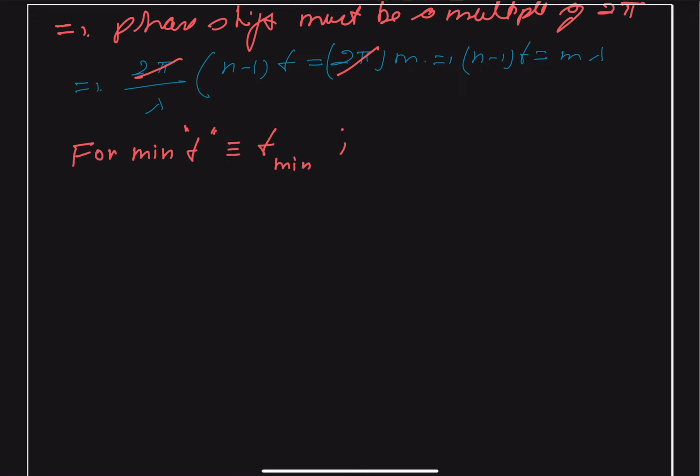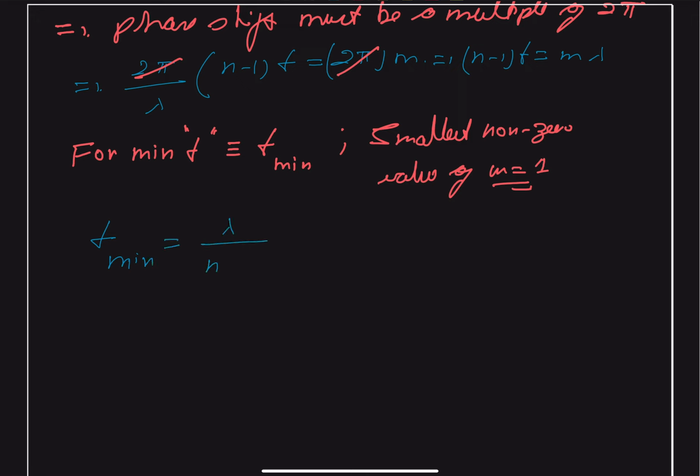the smallest non-zero value of m will be equal to 1. So we can write that our t minimum will be equal to lambda upon n minus 1.